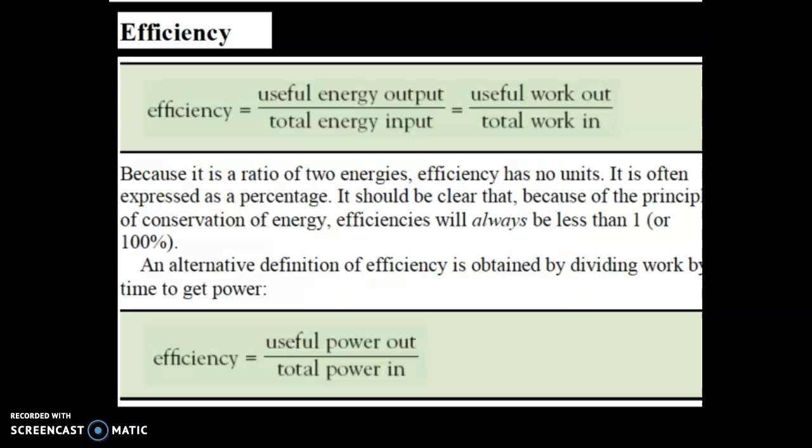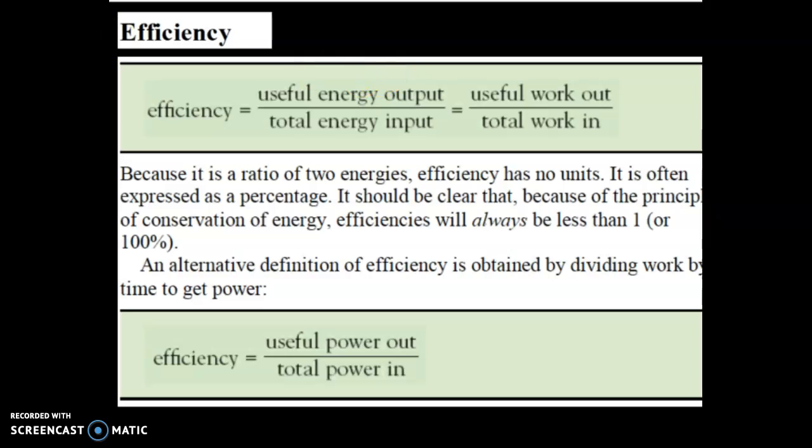So efficiency allows us to calculate this as a percentage. Efficiency is the ratio of the useful energy out over the total energy input. And you can interpret that in terms of work as well.